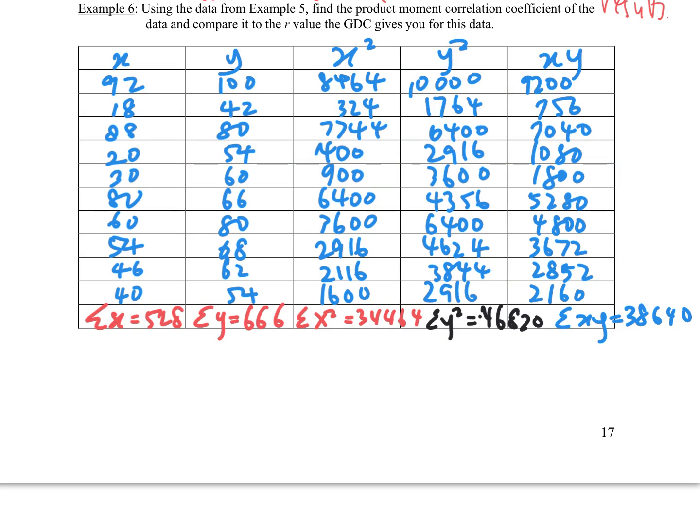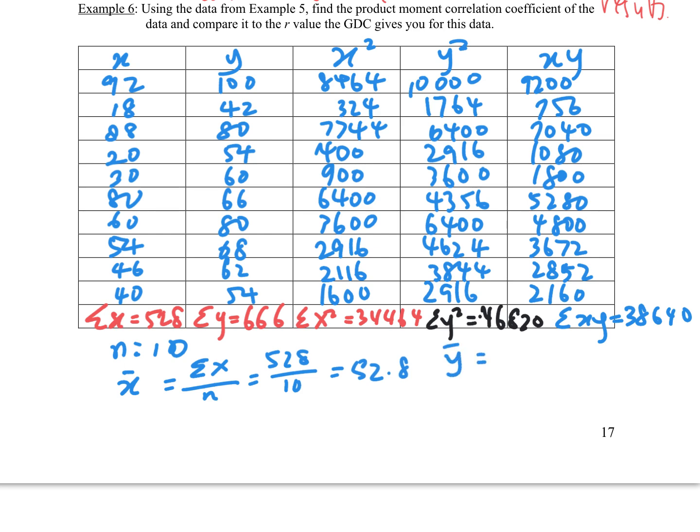There are 10 students in the data set, so n is equal to 10, and we know that the mean of x will be the sum of x divided by n, which is 528 divided by 10. I get 52.8, and the mean of y will be 666 divided by 10, which is 66.6.